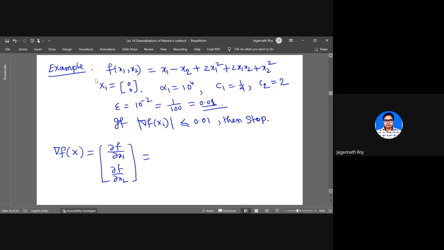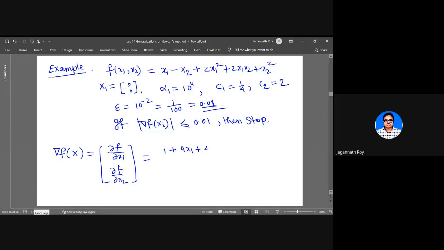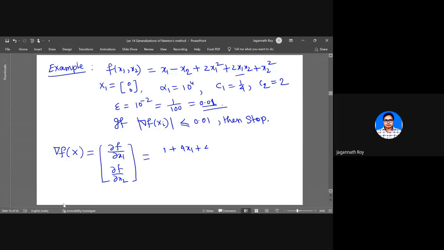This is nothing but 1 plus 4x1 plus 4x2, then -1 plus 2x1 plus 2x2.